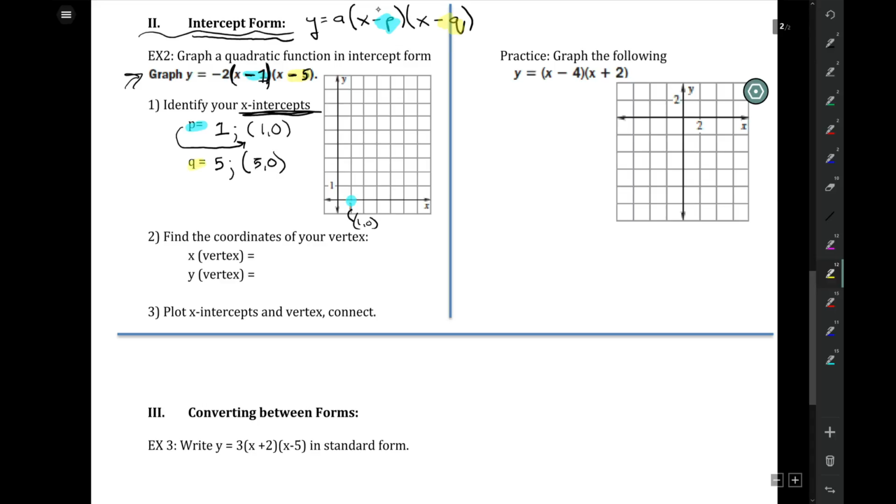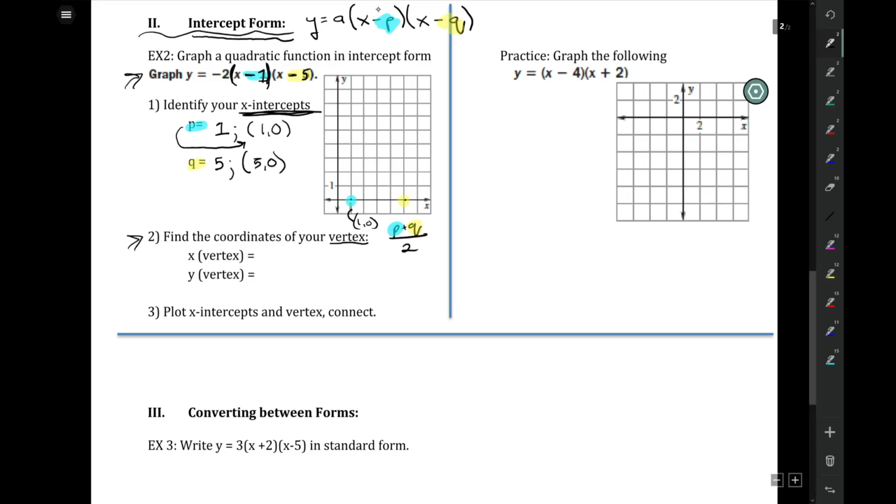Now the one thing we don't have is the vertex. Well, the nice thing we know is that the vertex lies somewhere in between these two points. And there's a little formula for it: P plus Q all over 2. Because we are taking our two values and splitting them in half essentially.